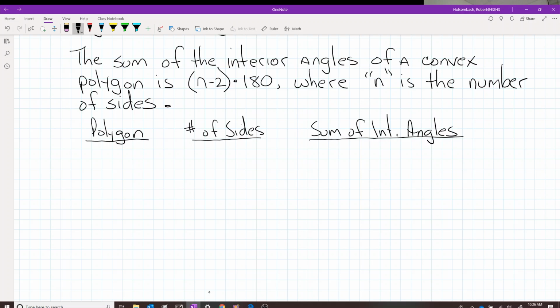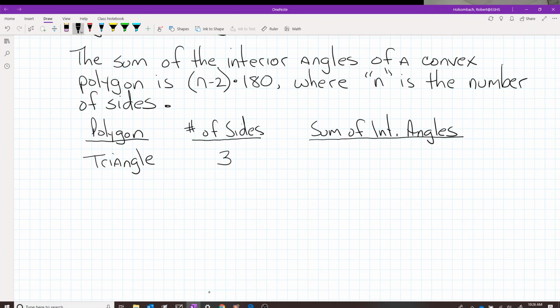So we're going to start with a polygon that's called a triangle. Does anybody remember how many sides a triangle has? 3. Very good.